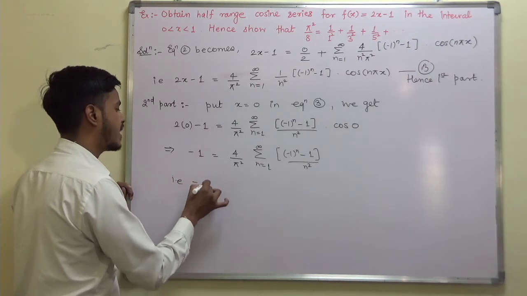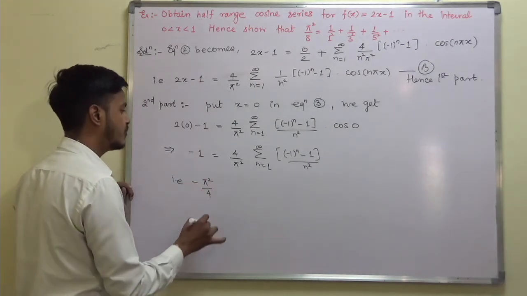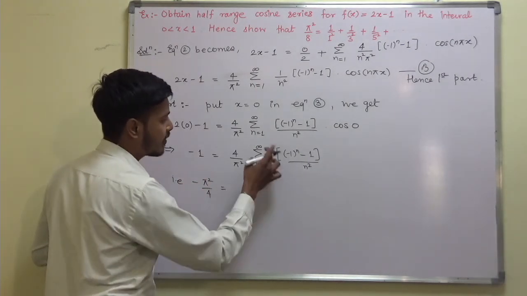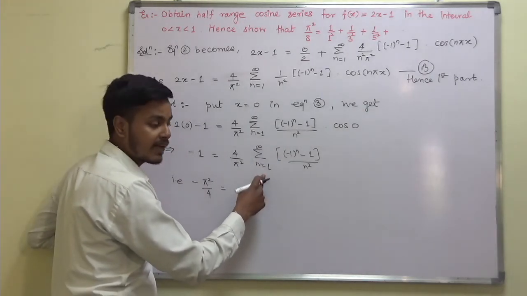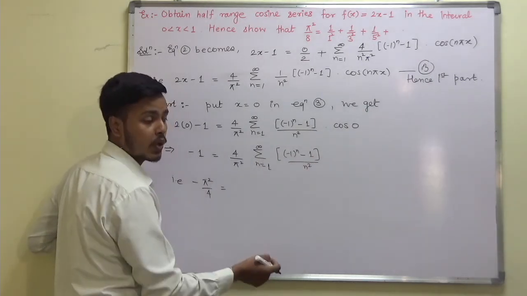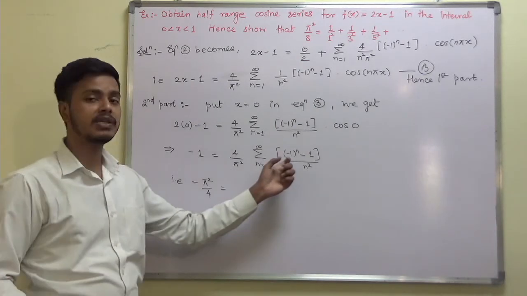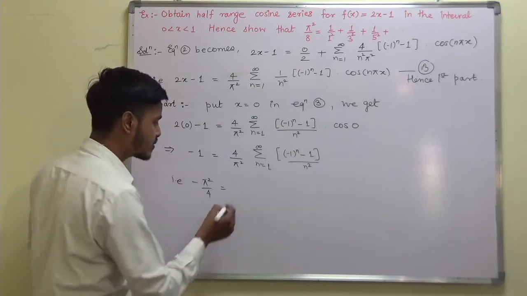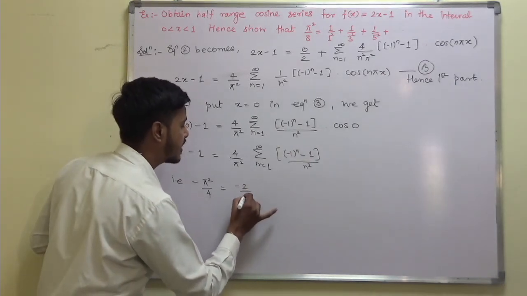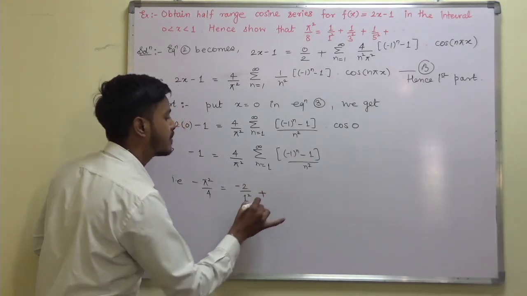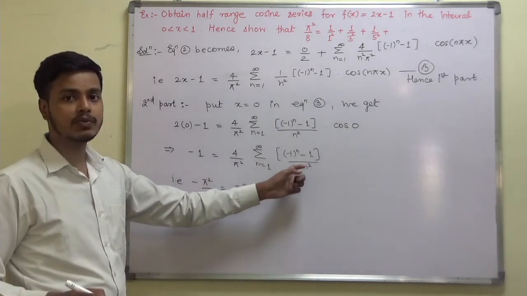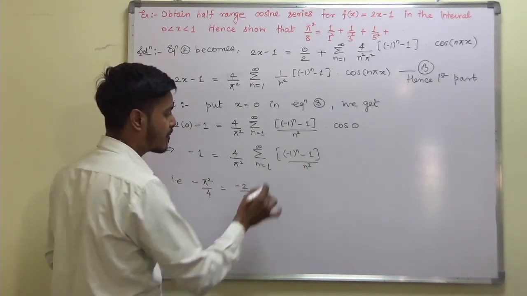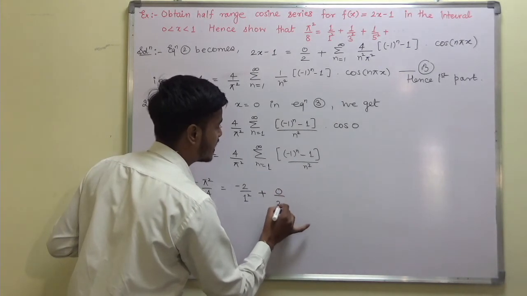So this is minus pi square by 4 is equal to, now remove the summation and take values n equal to 1, 2 and so on. The moment you take n equal to 1, this is minus 2 by 1 square. Plus take n equal to 2, minus 1 square is plus 1, minus 1 is 0, so 0 by 2 square.